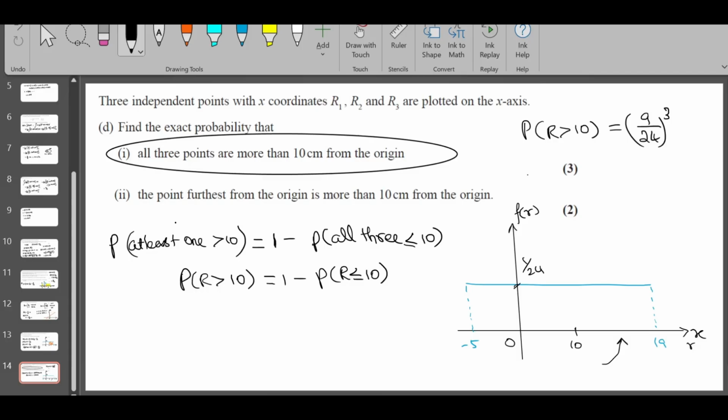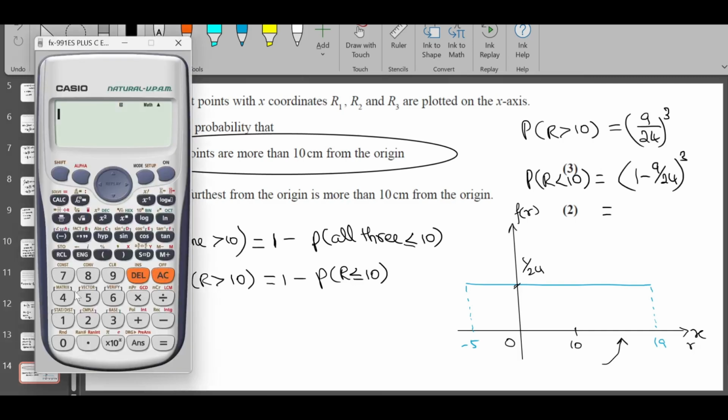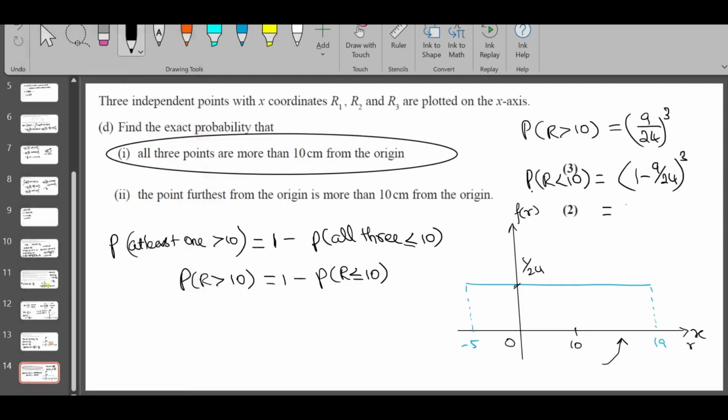Now if we are talking about P of R less than 10, you need to subtract this probability from 1 and then cube it. That's going to be 1 minus 9 over 24, cubed. This is basically the probability that all three lie within 10 centimeters, which is 125 over 512.